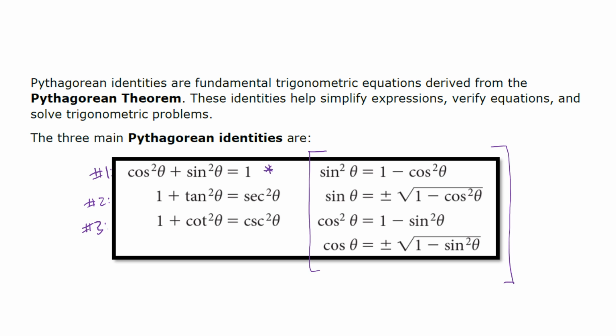Pythagorean identity. So to get sine squared theta, you would subtract cosine squared theta to the other side, which is what we get here. Then to get rid of the square, we take the square root of both sides, which is what we get on the second row. Then you would do the same steps to find cosine squared theta and cosine.